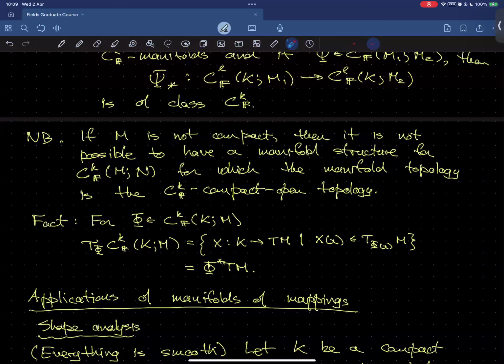So it's also possible to describe the tangent spaces of these manifolds. Let me take a mapping phi in here. This is the thing whose differentiable structure I just asserted the existence of. What I want to do now is define the tangent space to this at that mapping phi. Sorry, I should be a little bit more careful about this.